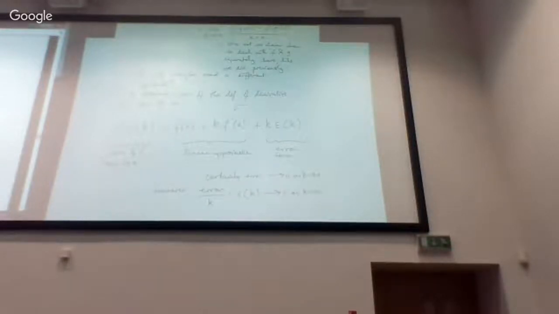So that gives us an alternative way to define this. There's the unique number that goes in here such that we have this convergence property about the error.